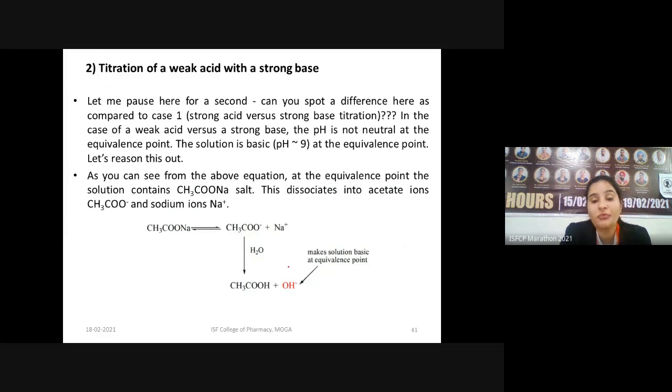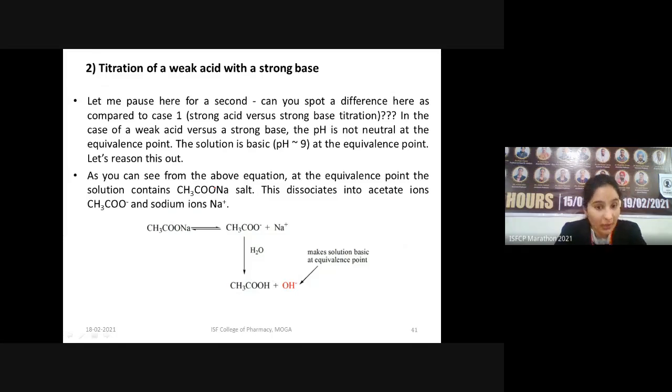Because of these OH negative ions in the solution, the pH of the solution becomes basic, although it should have been neutral, because the number of H positive ions which were produced by acetic acid is equal to the number of OH negative ions which have been transferred from the burette.